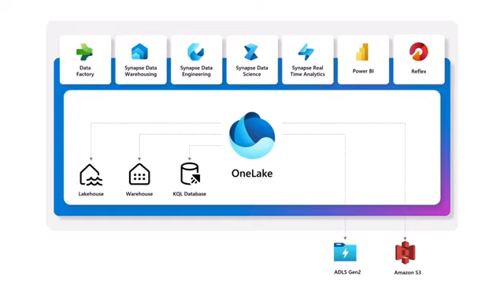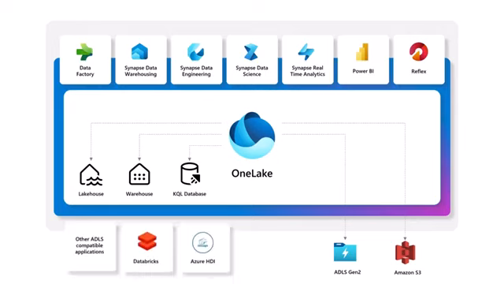OneLake provides data access through the ADLS Gen 2 DFS APIs and SDK. ADLS-compatible applications such as Databricks and Azure HDInsights can connect to OneLake endpoints and access the data through shortcuts. Because shortcuts just appear as another folder in the lake, everything seamlessly works. Let's jump into Fabric and try it out.